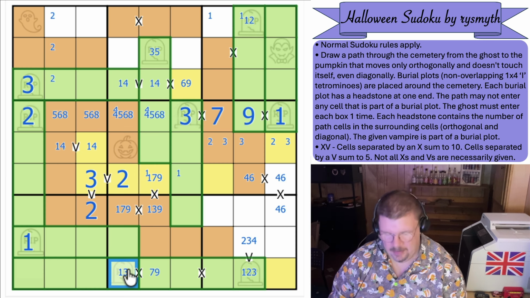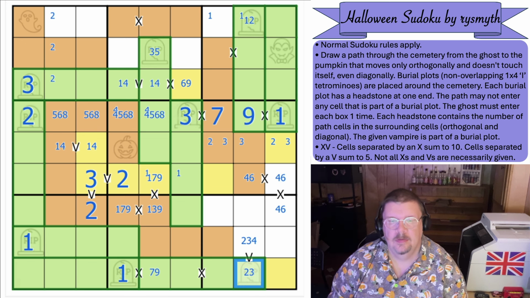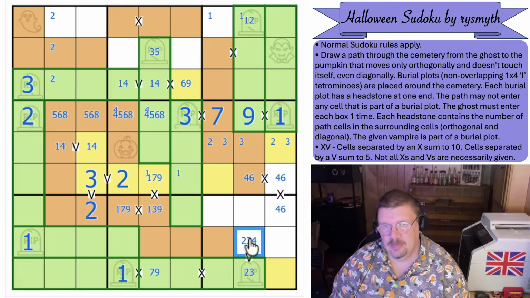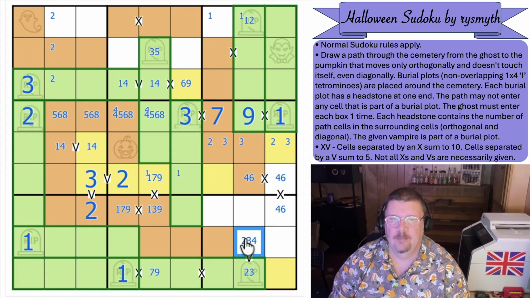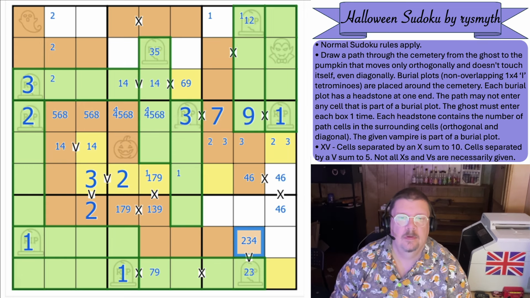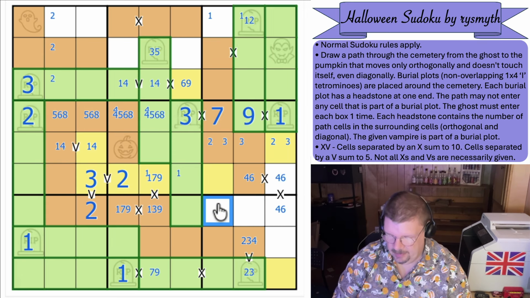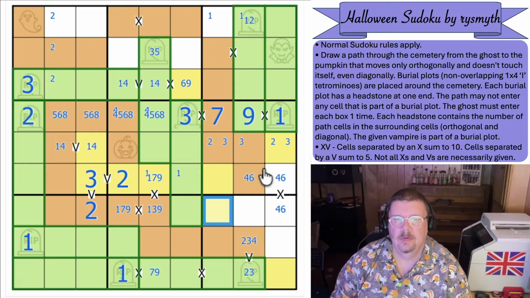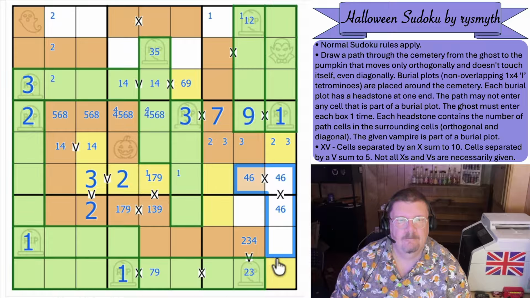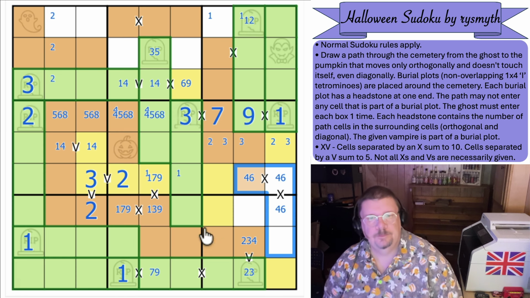Right, that's a 1. So that is now a 2 or 3. This must now be on the path because I can't get that one and not get that. That means that that is not on the path. So I either go down there or I go down there. All right.